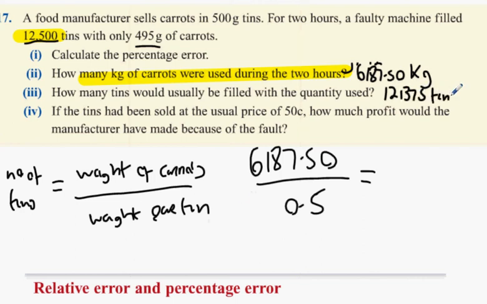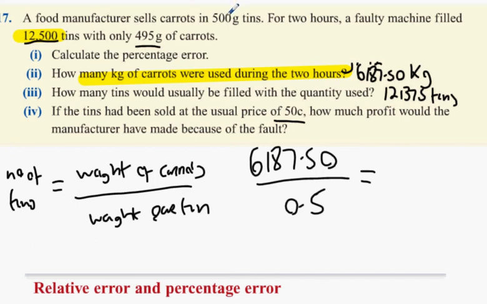Now, if the tins had been sold at the usual price of 50 cents, how much profit would the manufacturer have made because of this fault? You're meant to sell them in 500 gram tins.